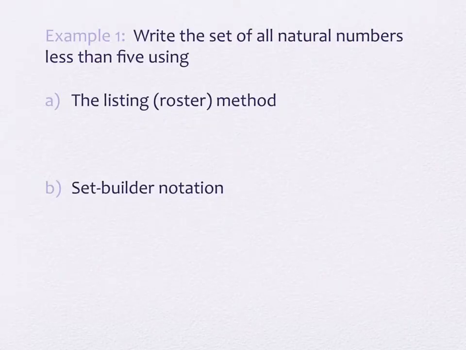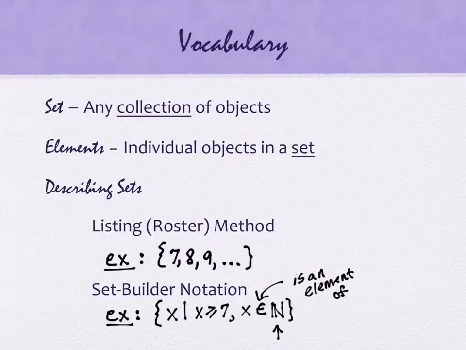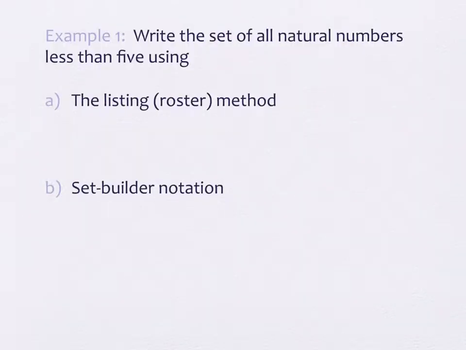So we're going to take an example. We're going to write it in both of those methods. Let me go back to that slide. The listing method, where we simply list it all out. The set builder notation, where we have these interesting symbols that are abbreviating things for us. And here is our example. It says the set of all natural numbers less than 5.